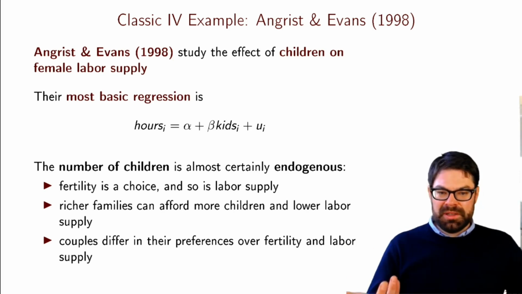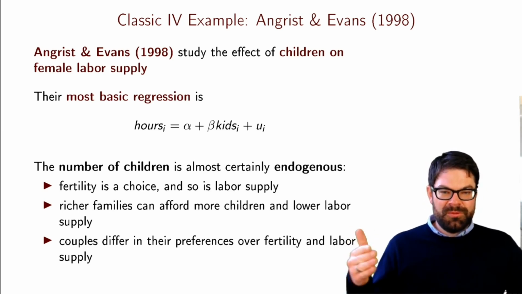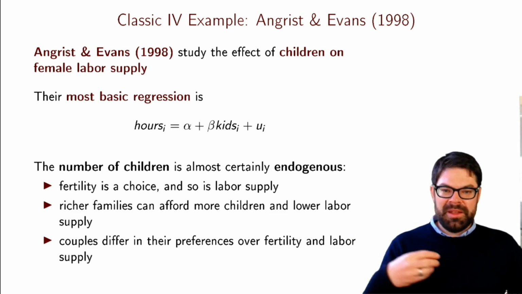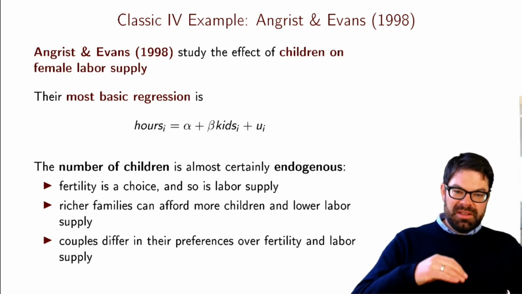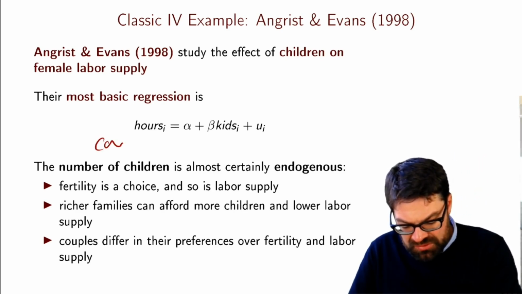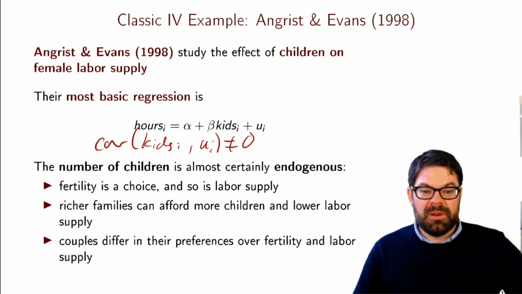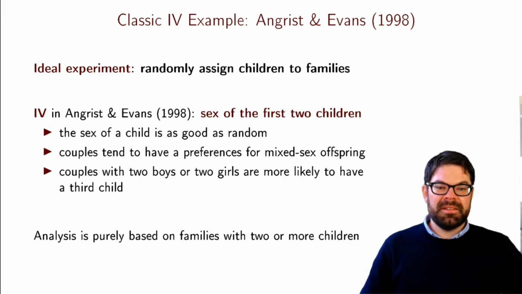Okay, and then when we look at different couples, couples differ very much in their preferences over fertility and labor supply, depending on cultural background, age, and so on. Okay, so almost certainly the conditional independence assumption, which is this one here, is violated. And so we have to obviously then find a way of dealing with that.